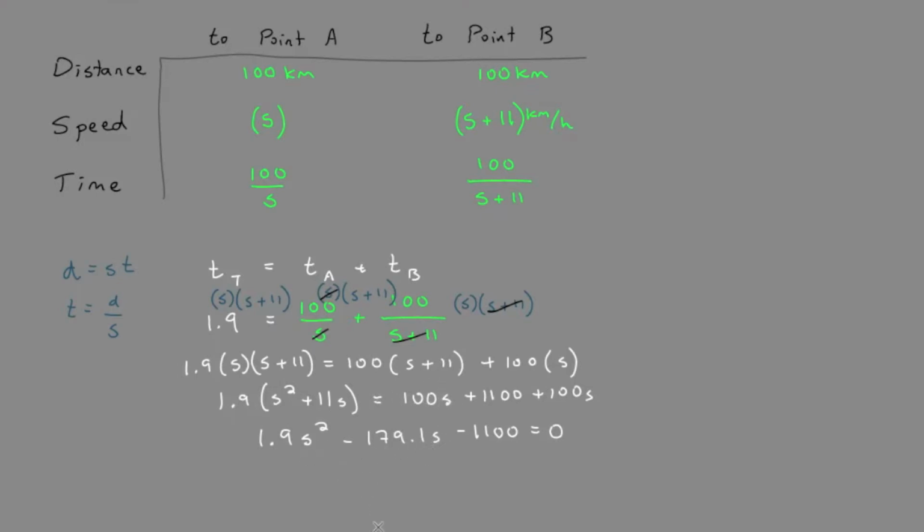Now we can see this is not factorable, so we'll use the quadratic equation. We have a equals 1.9, b equals negative 179.1, and c equals negative 1100.